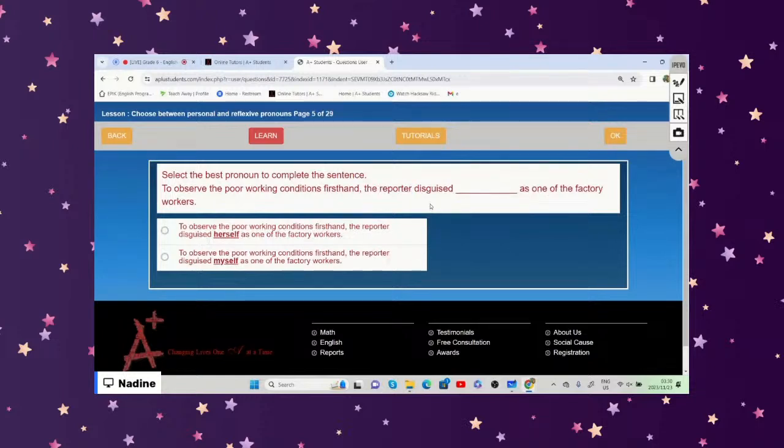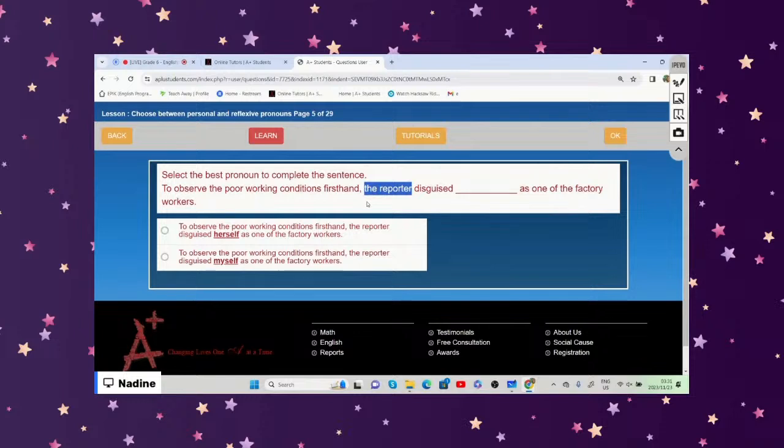And remember, our reflexive pronoun needs to link back to the subject. In this case, the subject is the reporter, which can be she, so she disguised herself, right?